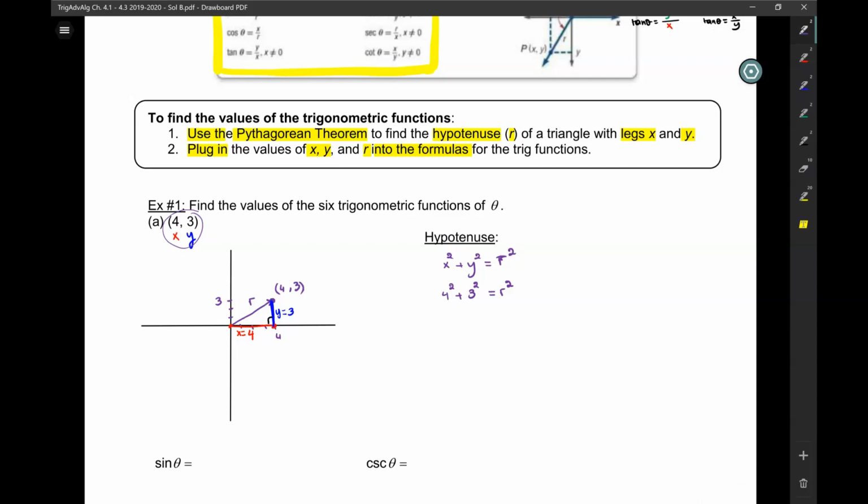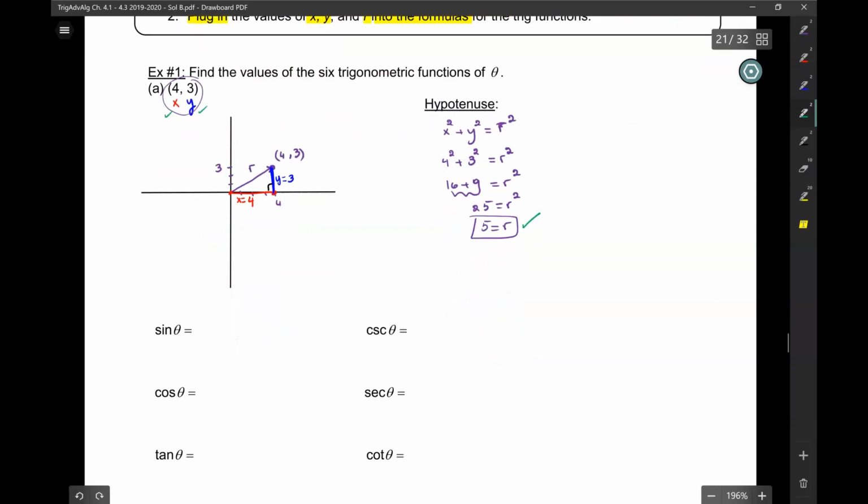If you can figure that out and figure out that r is 5, perfect. If you can't, do the Pythagorean theorem and you'll still come up with the same value. So here I have 16 plus 9 equals r squared. 25 equals r squared. So 5 equals r. So just like we talked about, the hypotenuse is my value of r. Okay, now this is all I need. I've got my r, and I've got my x, and I've got my y, and that's all I need.